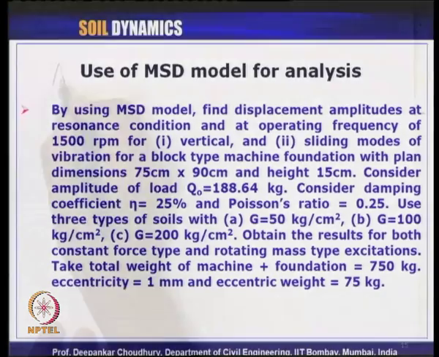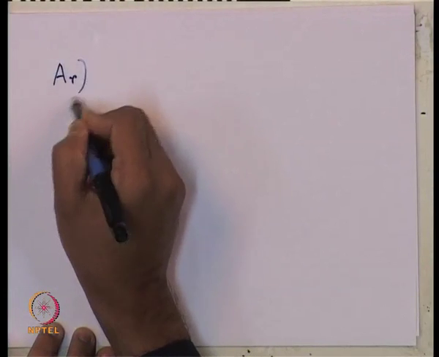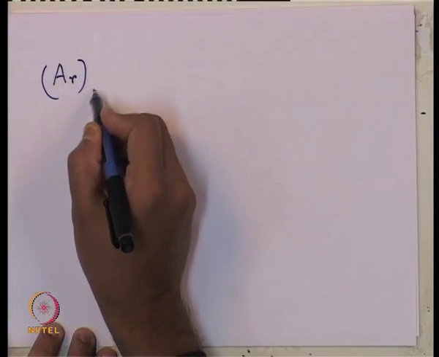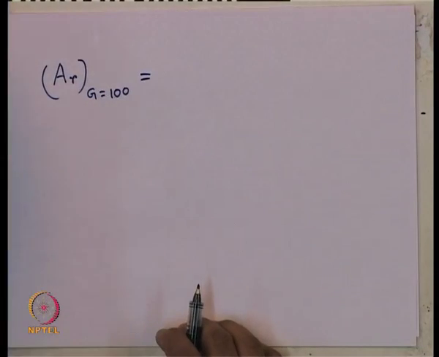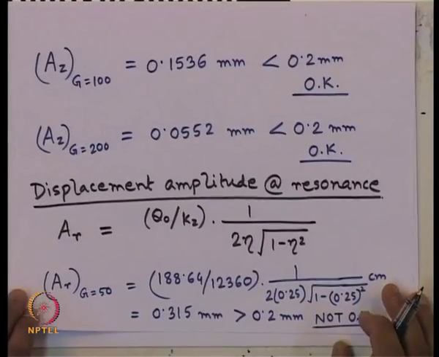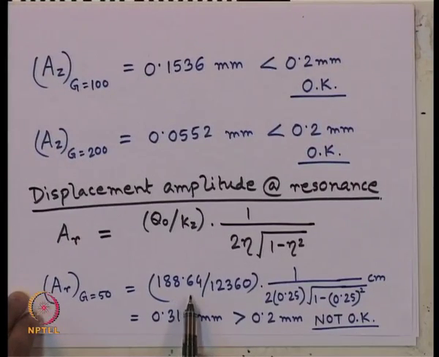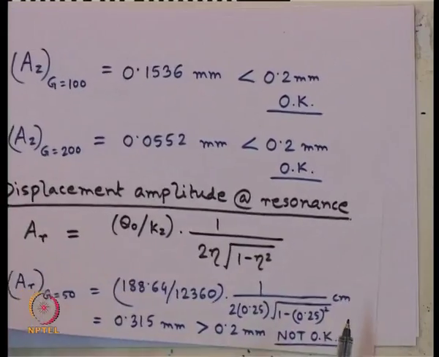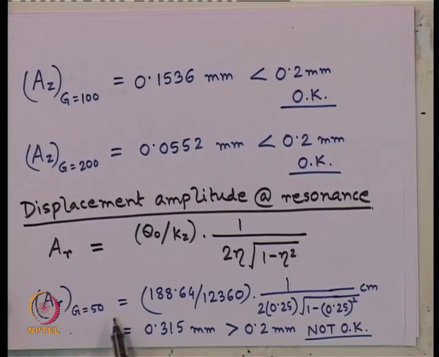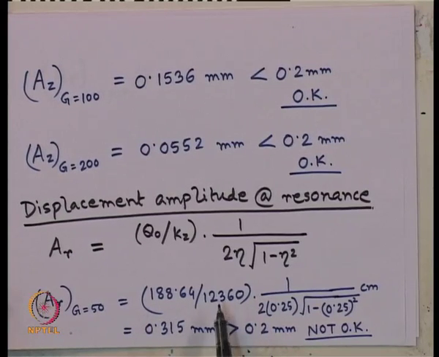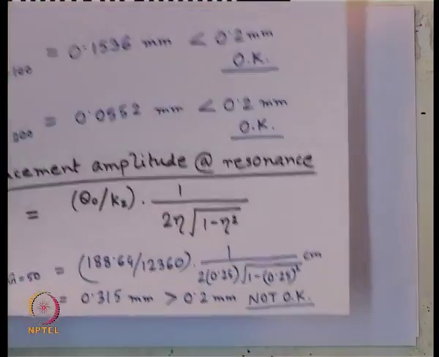Let us check the AR values, that is displacement amplitude at resonance, for the other two values of G. So, we need to put in this expression now, Q naught will remain same, Kz will change, this also remains same. So, the only change is in Kz value, and Kz value is linearly increasing as G is increasing. For 100 it will be double. So, the magnitude will be half, right.